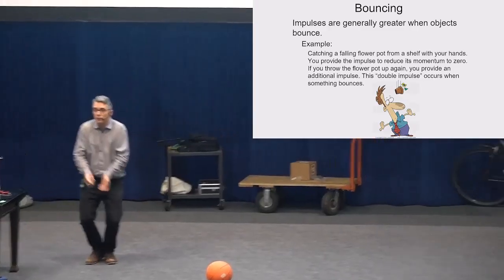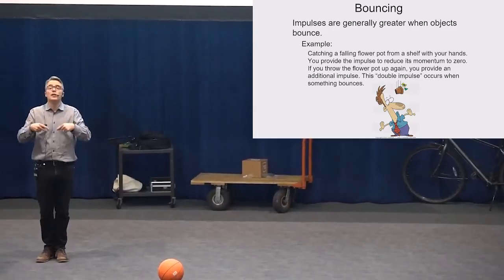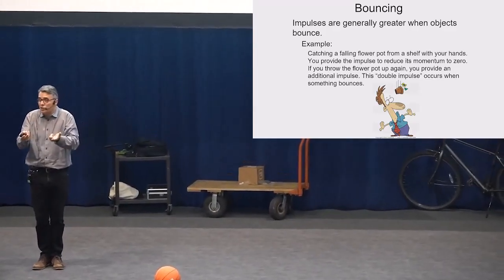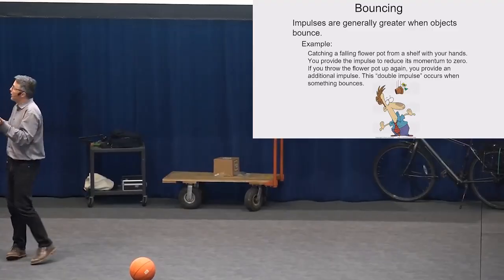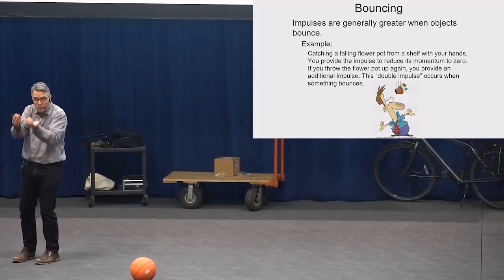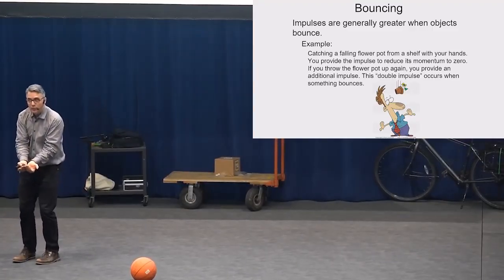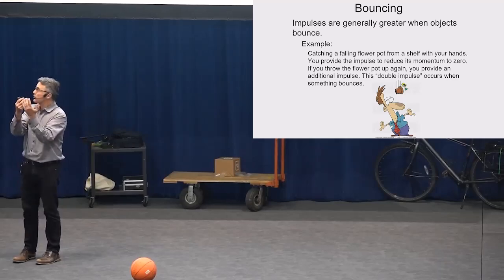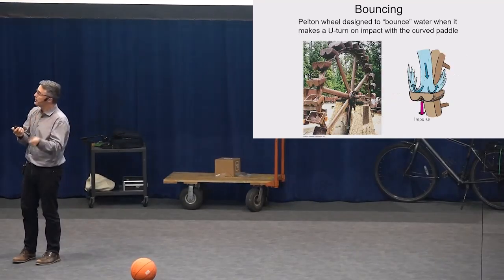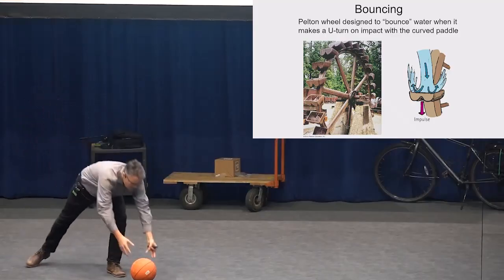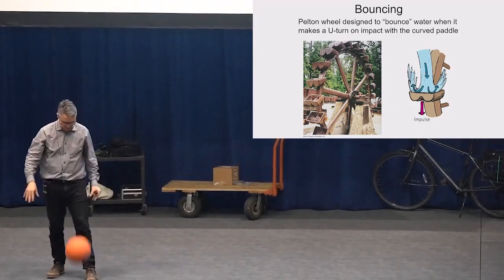If you then were to throw that object back up again, you would be providing an additional impulse, actually of the same magnitude, and the same direction, because you have to provide an upward impulse to stop it from going down, and then another upward impulse to get it going back up again. So that would be a double impulse. And that's exactly what happens when something like this basketball bounces from the floor.